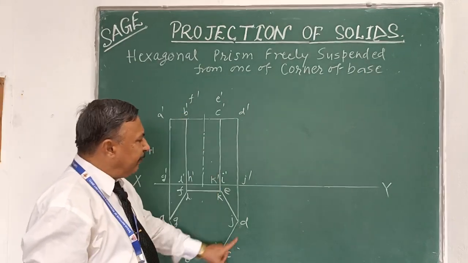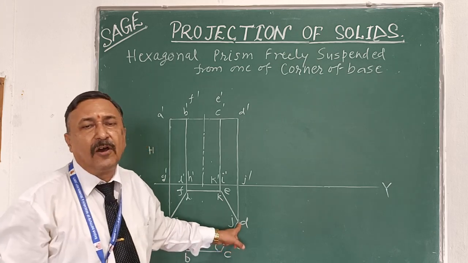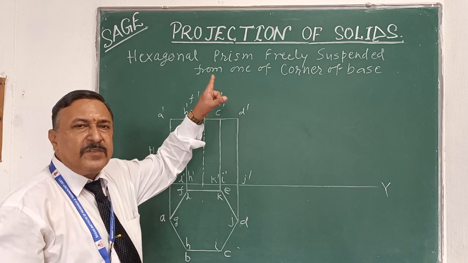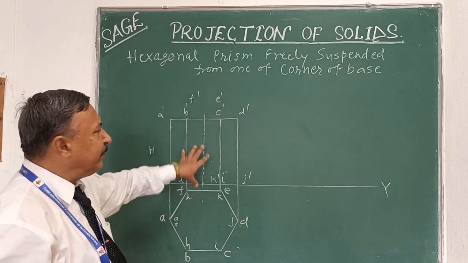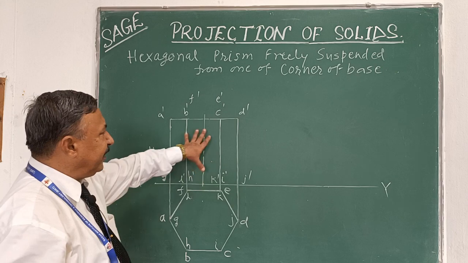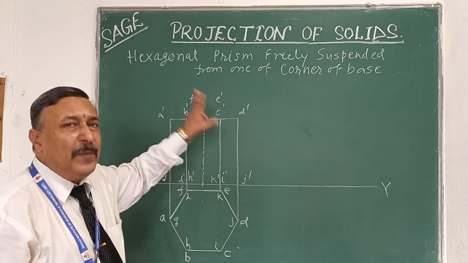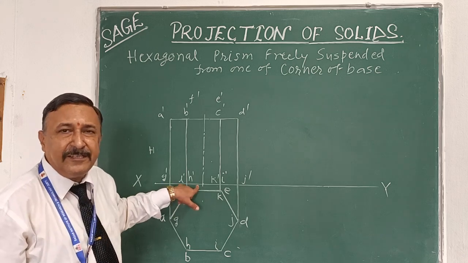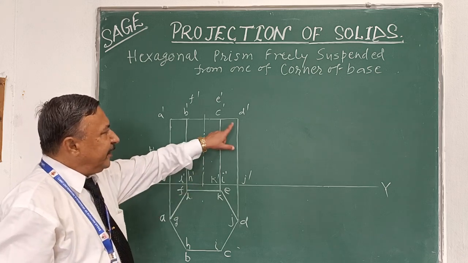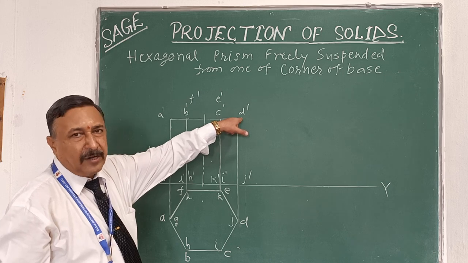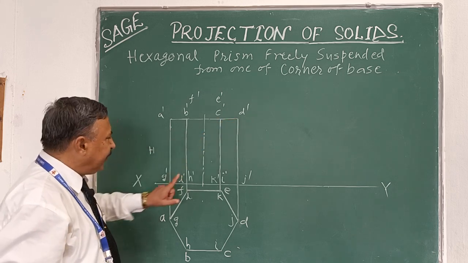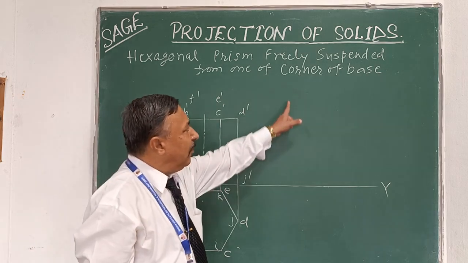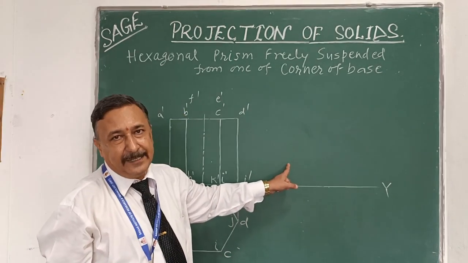Now we have to freely suspend it from this corner of the base. So what is the condition when a prism is freely suspended? Now see, a prism has two bases, one is top and another is bottom. So if we freely suspend from this corner, the opposite corner of the base is exactly below, in a vertical line.